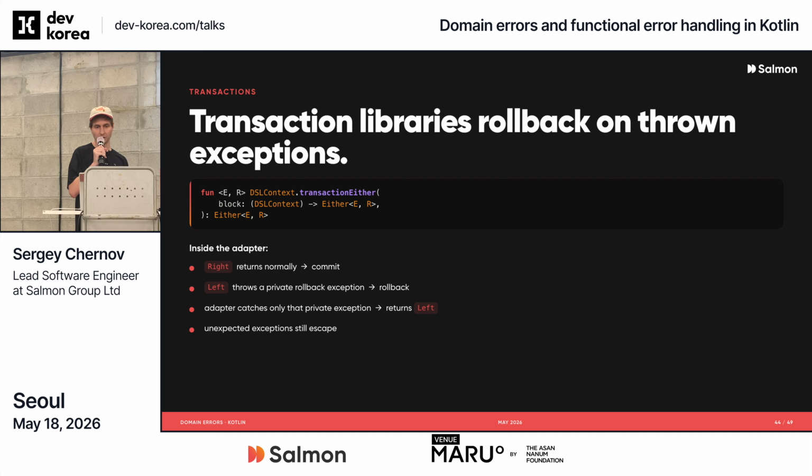To roll back, just throw your custom exception, and after the transaction is rolled back, catch it and return the Either Left again. So from the code perspective, it looks like you work with transactions with Either directly, but inside the helper method implementation, you do some magic with rolling back the transaction on the Left side.